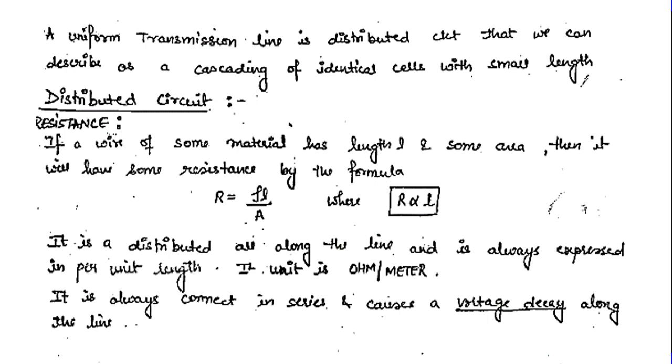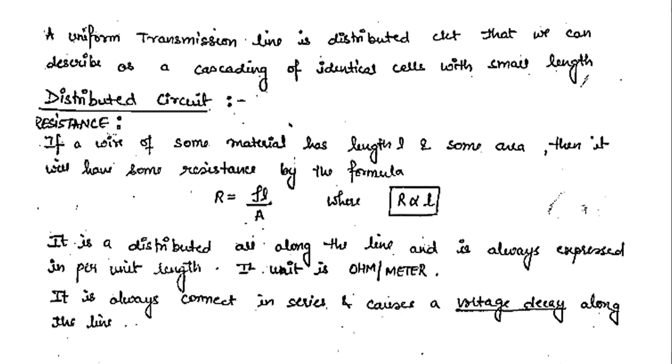If there is any conductor with a particular length and some cross sectional area, we can find the resistance as rho L by A. If this resistance is per unit length, the unit will be ohm per meter, and this particular resistance is always connected in series in the equivalent circuit of the transmission line.